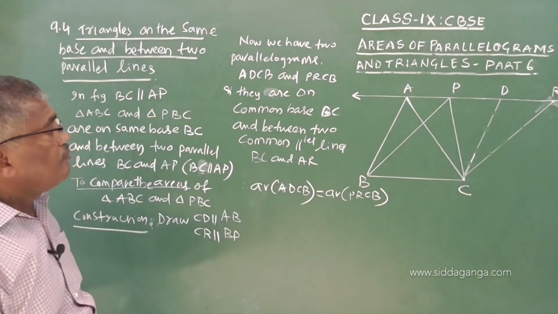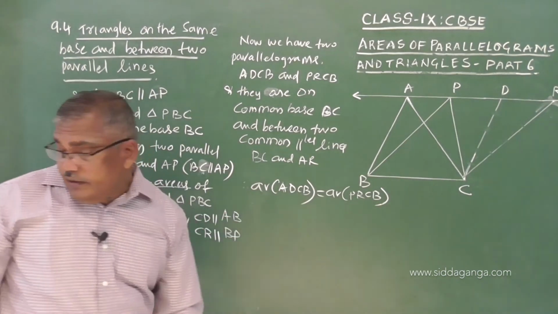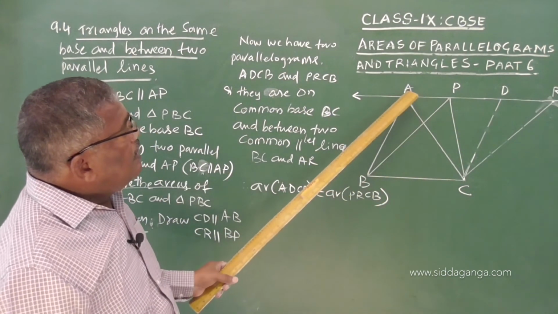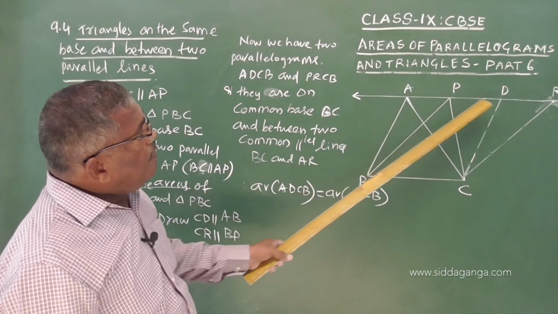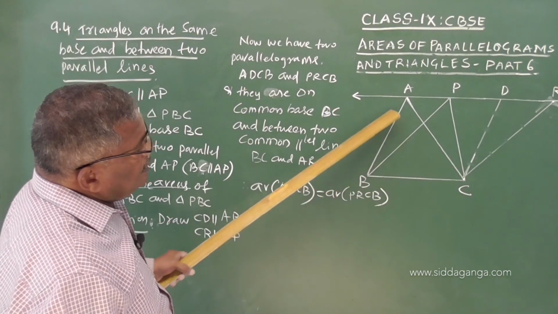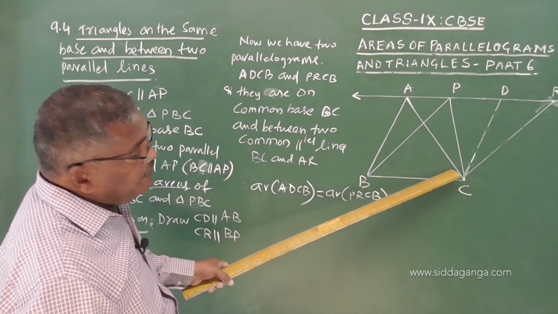Now, you observe the figure. In this parallelogram ADCB, AC is the diagonal.